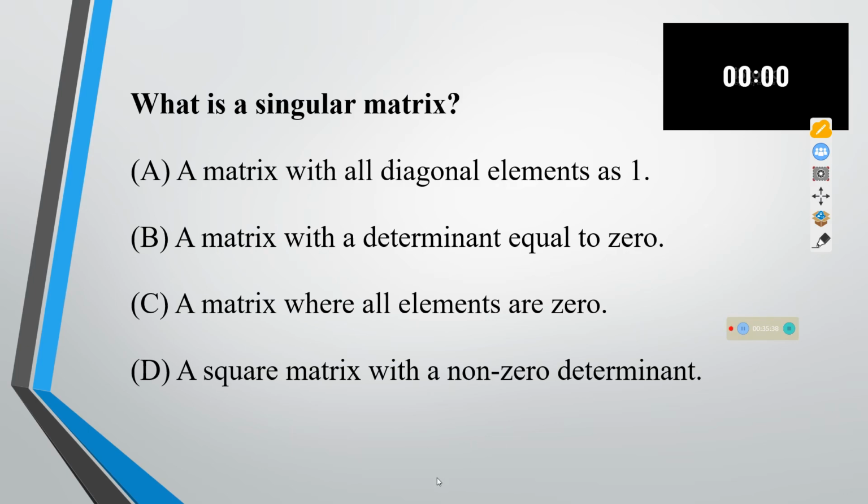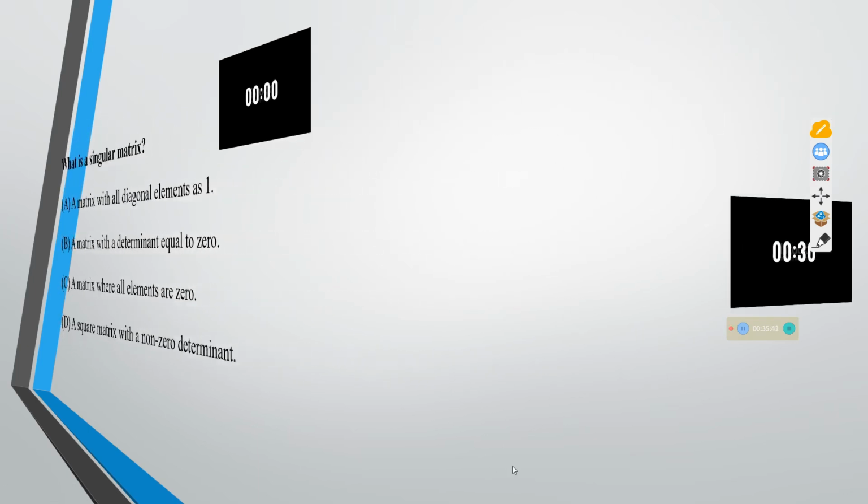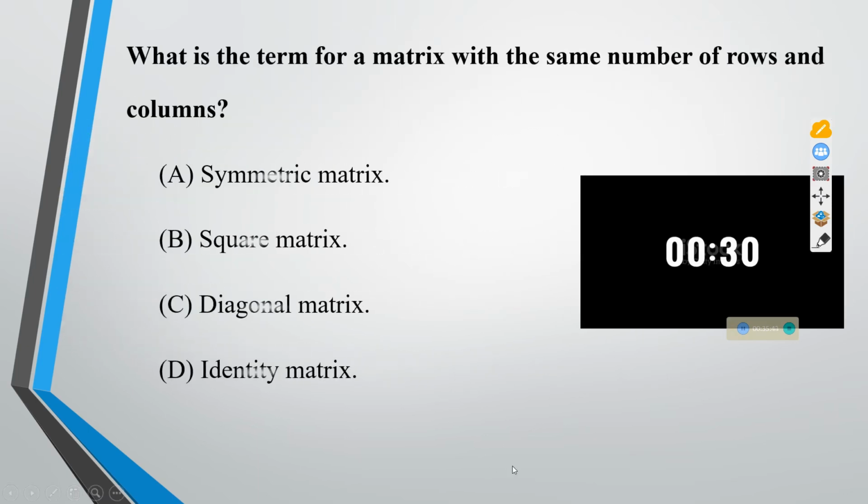So looking at the next question, we are told what is the term for a matrix with the same number of rows and columns. As we have seen, you should be able to answer this one within the 30 seconds.